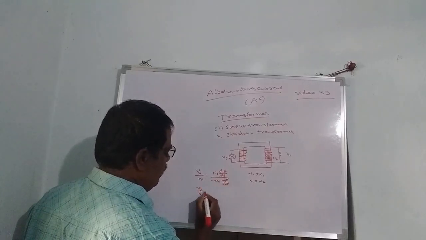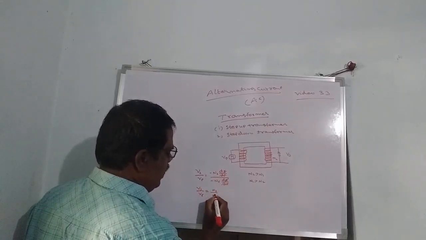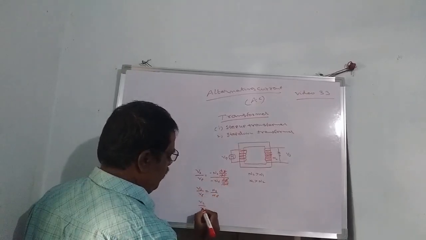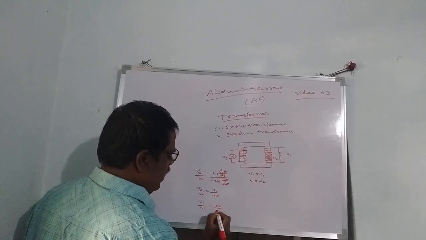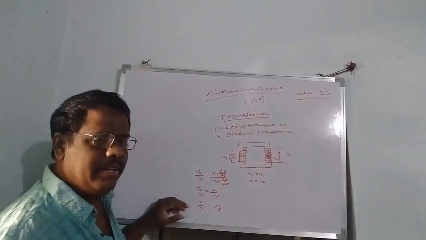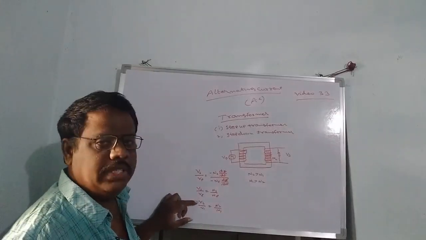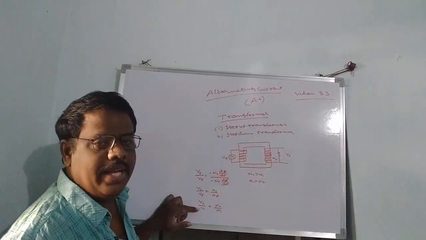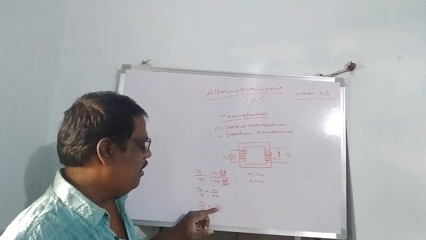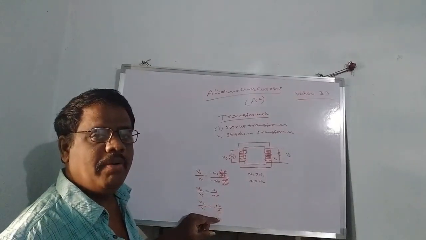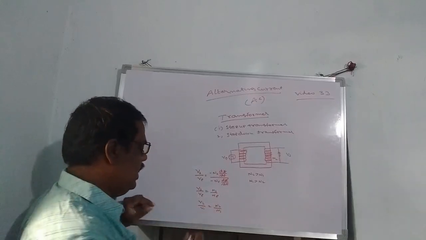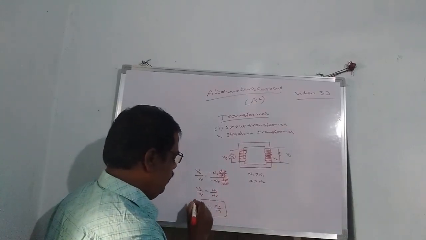Therefore, Vs by Vp is equal to Ns by Np, or V2 by V1 is equal to N2 by N1. Here, V2 is the EMF of the secondary, V1 is the EMF of the primary, N2 is the number of turns in the secondary, N1 the number of turns in the primary. This is the transformer ratio.